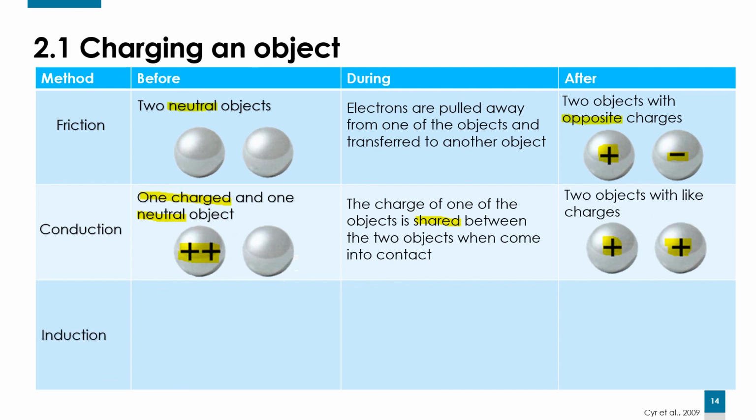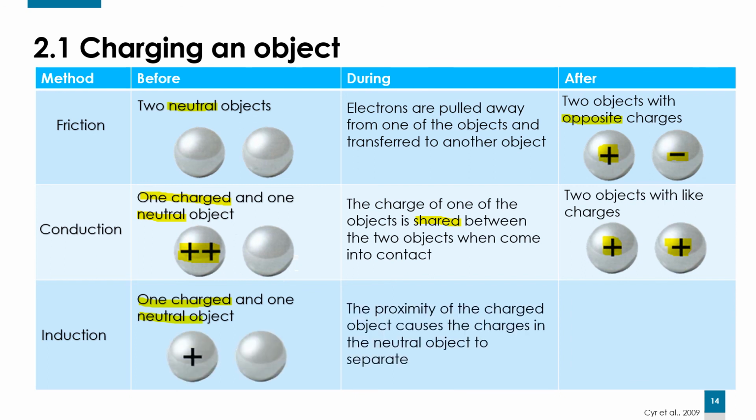And finally, induction. What do I have? I also have one charged and one neutral. And what's gonna happen? When I put them close by, the charged object causes the charge in the neutral object to separate. So I separate the charge in the neutral object.